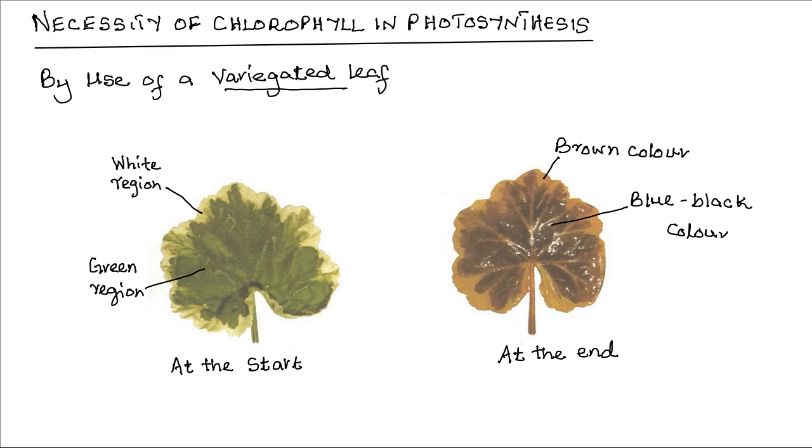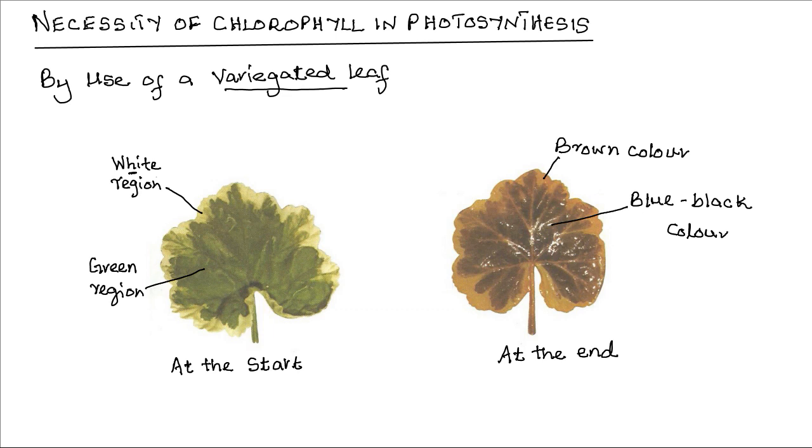Now, it would be good if we draw a large labelled diagram of the leaf before testing for starch to show the distribution of the chlorophyll pigment. The distribution of the chlorophyll pigment coincides with the green area. So the green area will indicate the presence of chlorophyll.